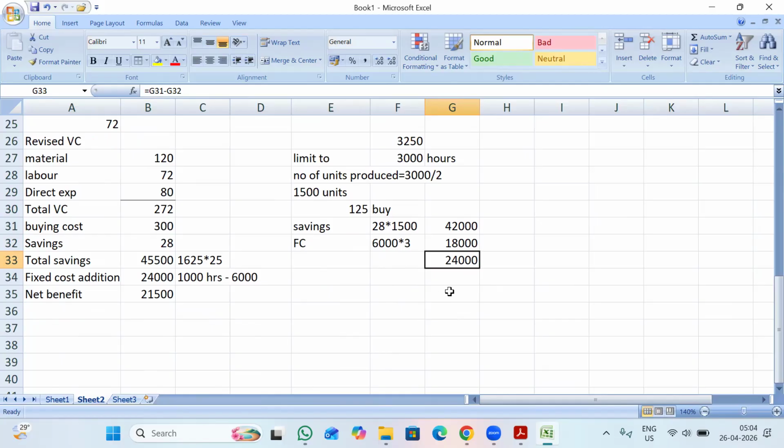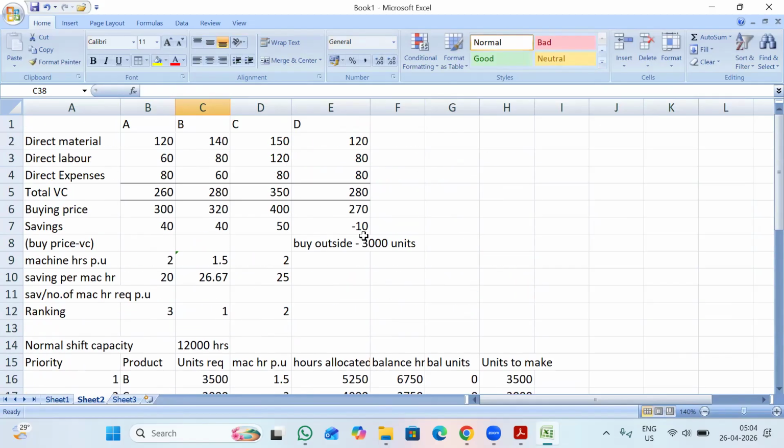So now the conclusion is: I want to buy all the 3,000 units of D from outside. This one we already decided.